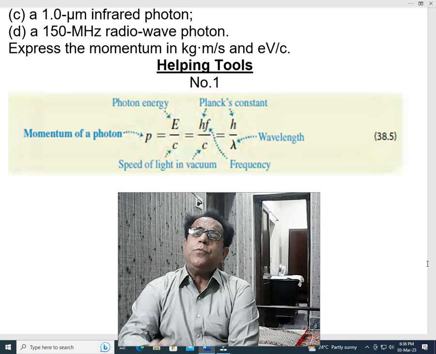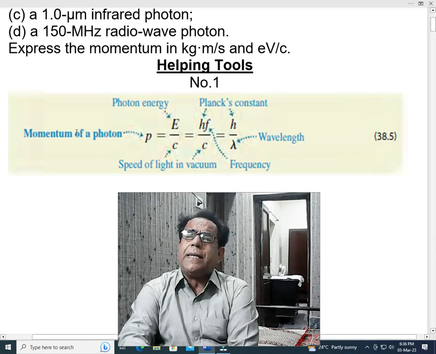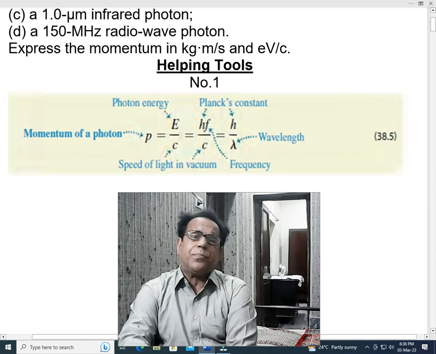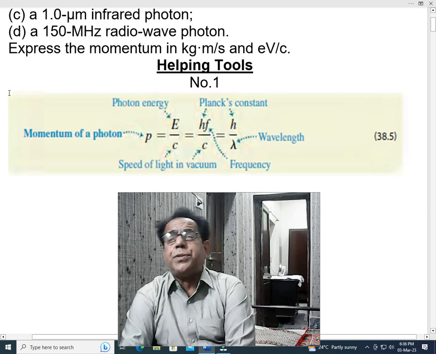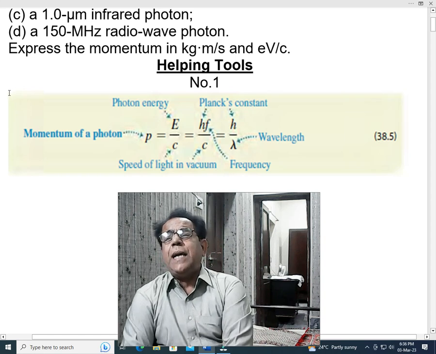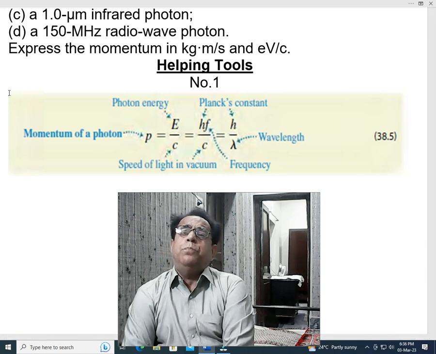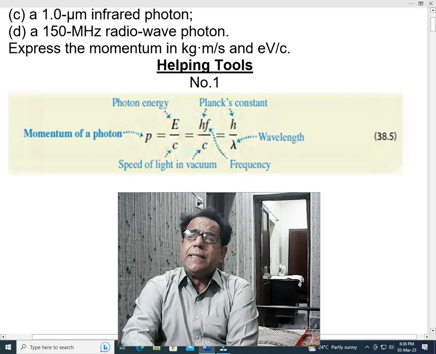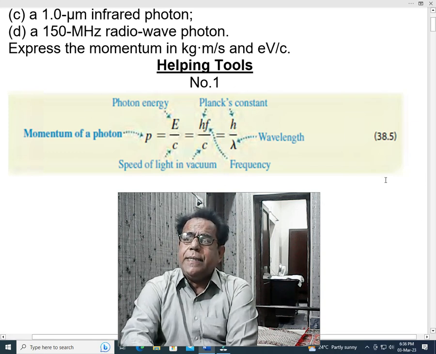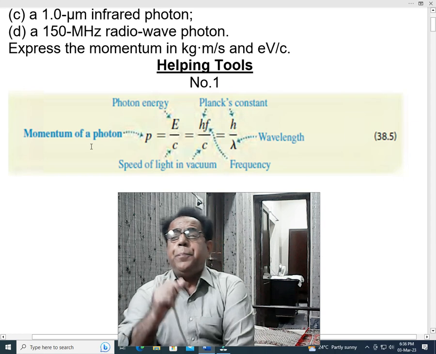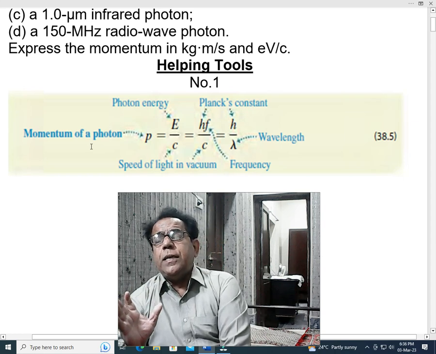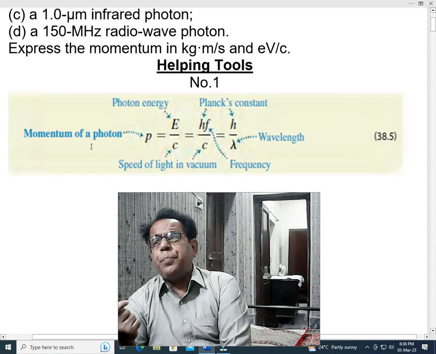Dear students, this is a snapshot taken from some book. As you have almost come to know that I have introduced hundreds of books, so definitely this snapshot regarding the definition of momentum of a photon will also be taken from some of these books.